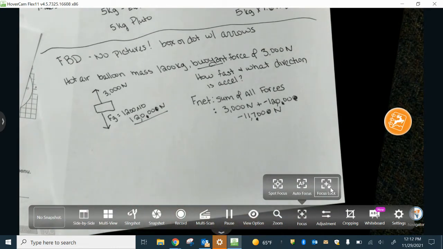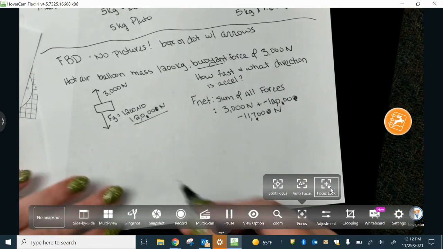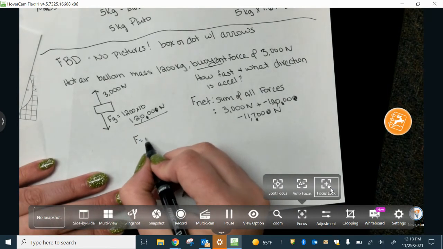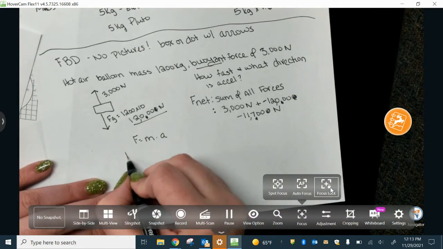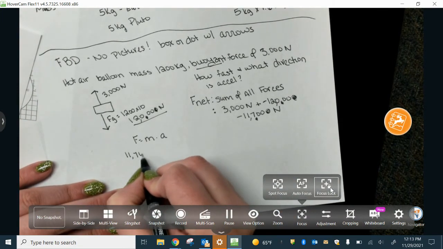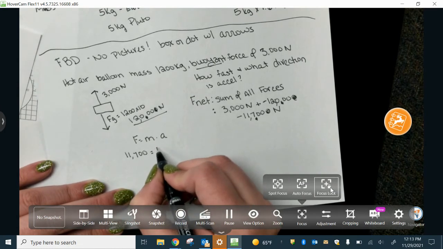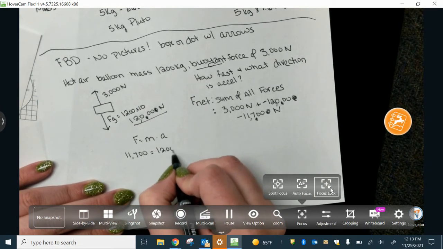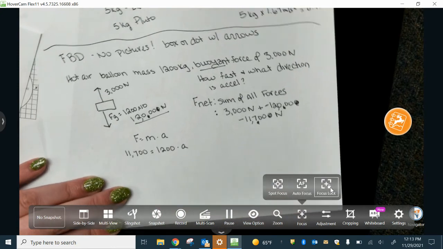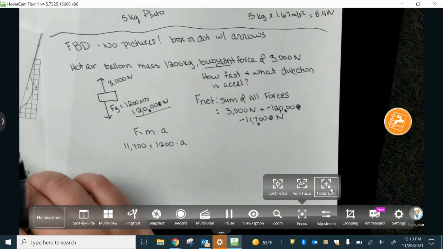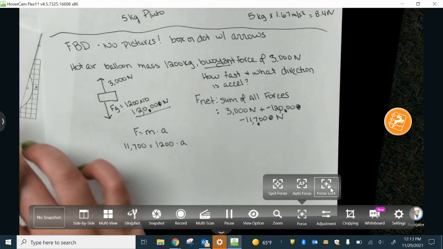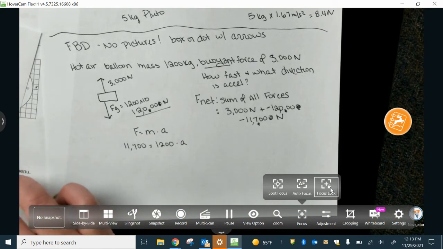All right, now I need to know how much acceleration I have, though. So I have F equals mass times acceleration. My net force here was 11,700, and my mass was 1200 times my acceleration. So 11,700 divided by 1200.